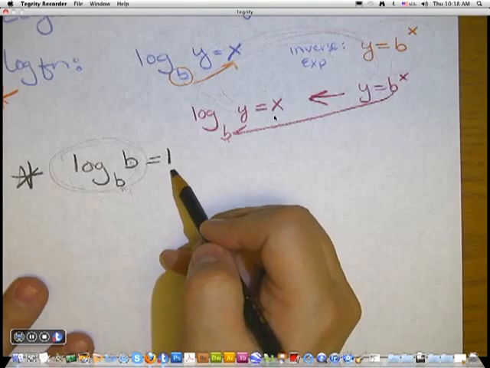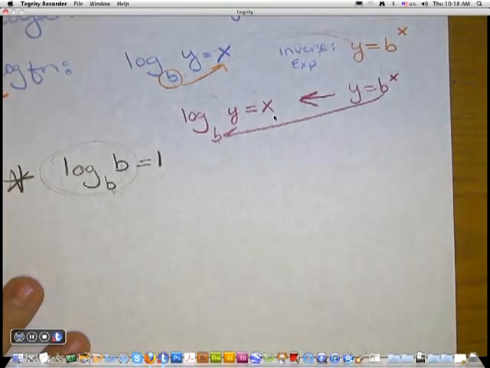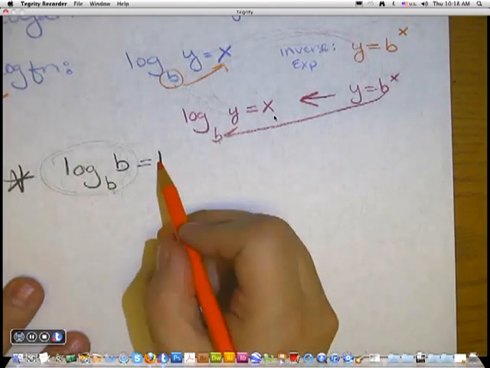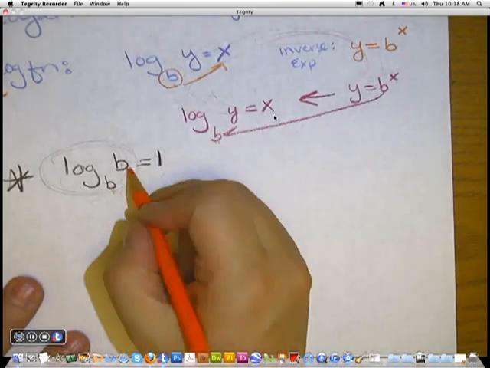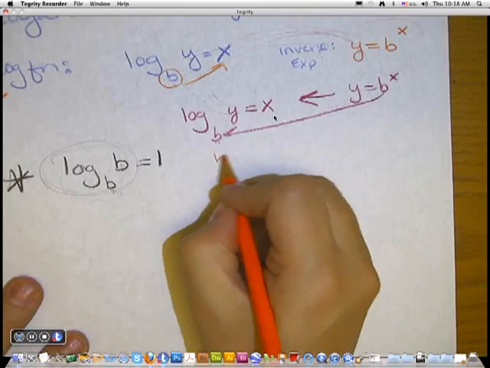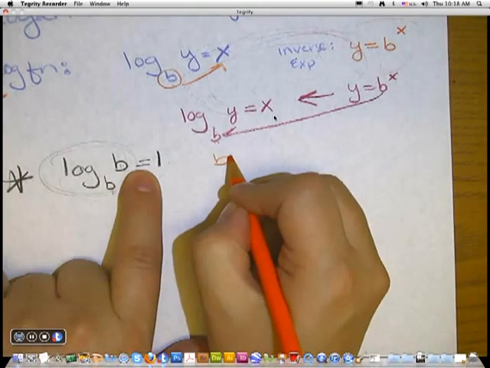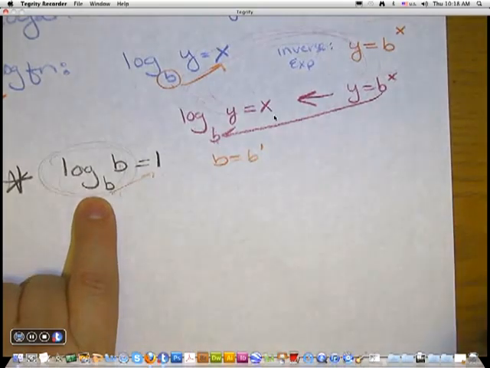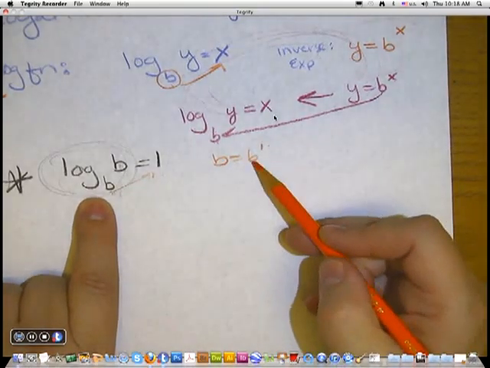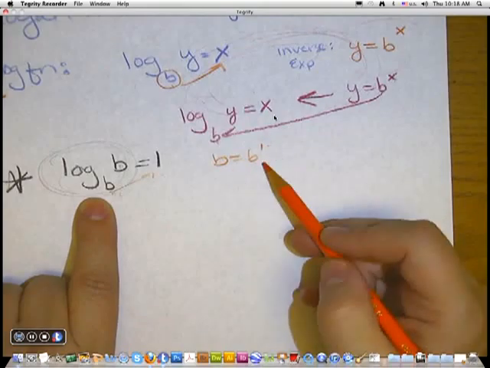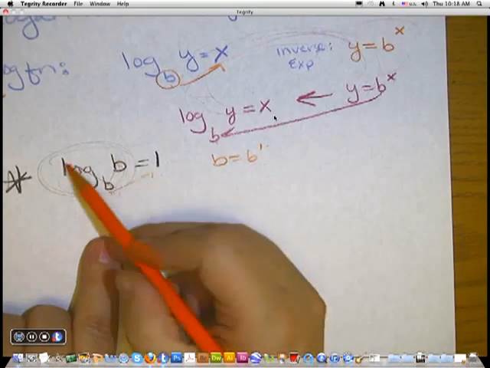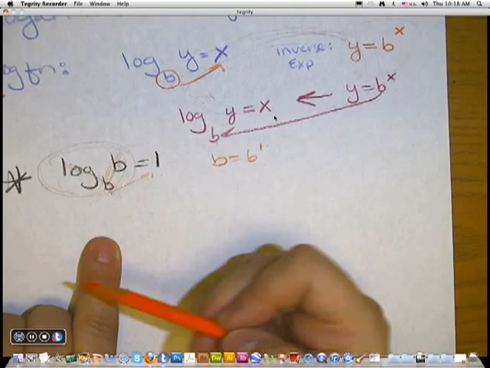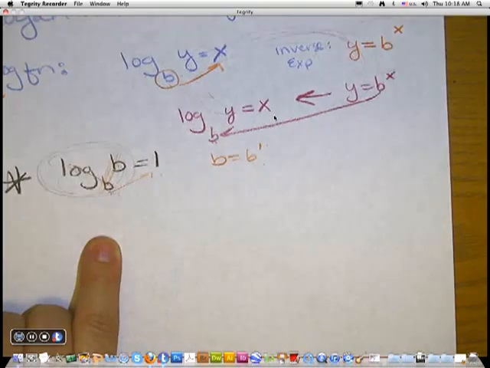The reason for it is, back to this exponent rule. If I were to kick this up, get rid of the word log, b is equal to the base kicks up, b to the 1. That is true, because anything to the 1 is itself. So if they're the same, I'm going to get 1.